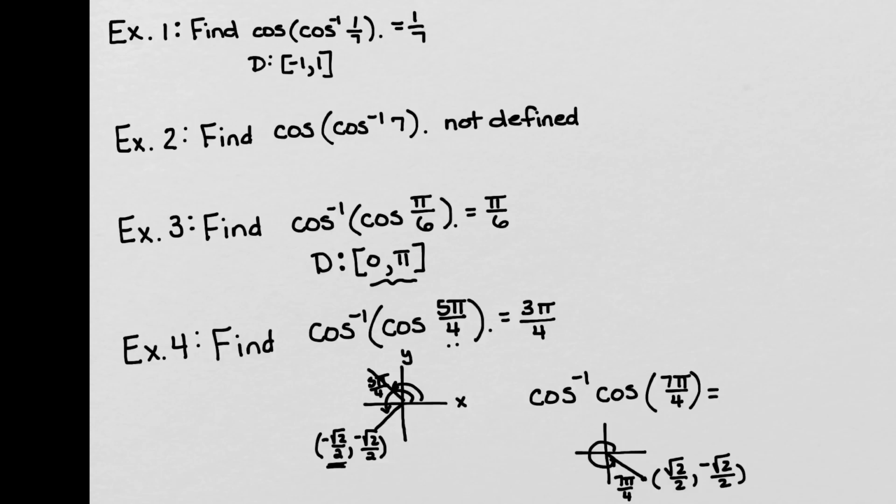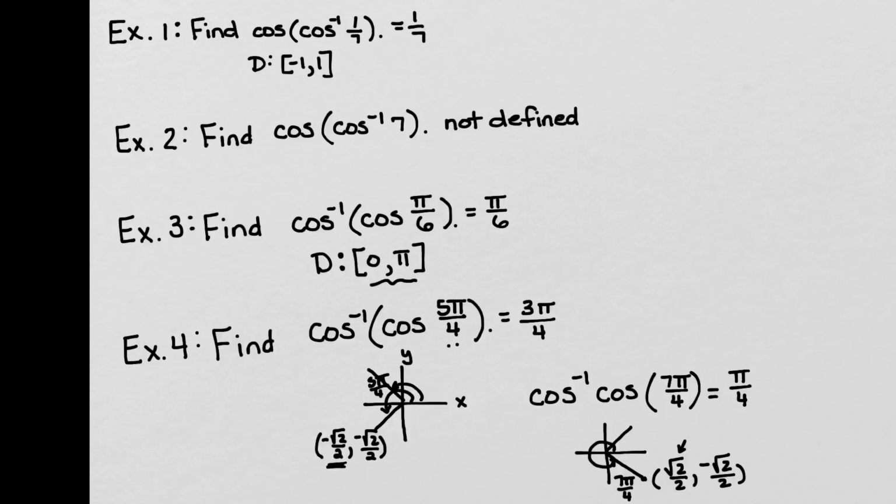But we're just concerned with cosine here. So where is the cosine going to have a positive value within 0 to pi, with the ratio coming out to be the square root of 2 over 2? Well, that's going to be in the first quadrant, and this is just pi over 4.